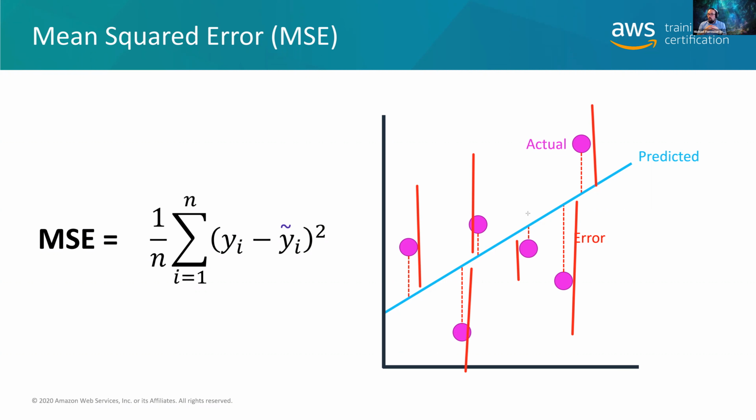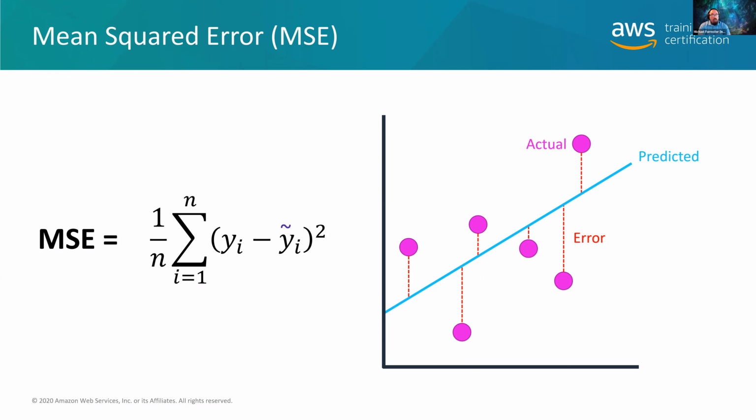So this is a way of mathematically saying, are we minimizing the distance between these actual values as much as possible? Because we're looking for something that, from a probability standpoint, is going to get pretty close, or even be perfect.